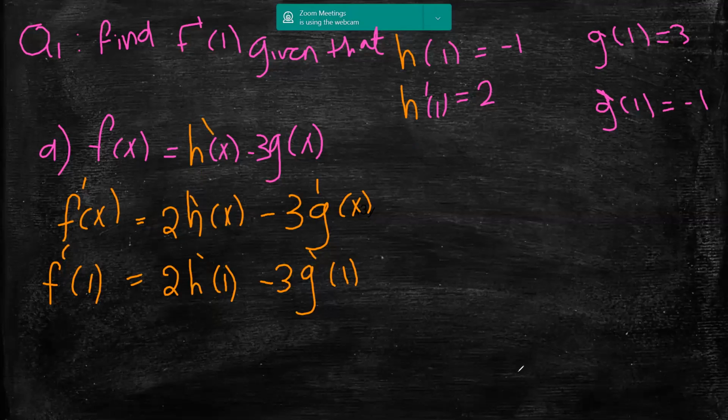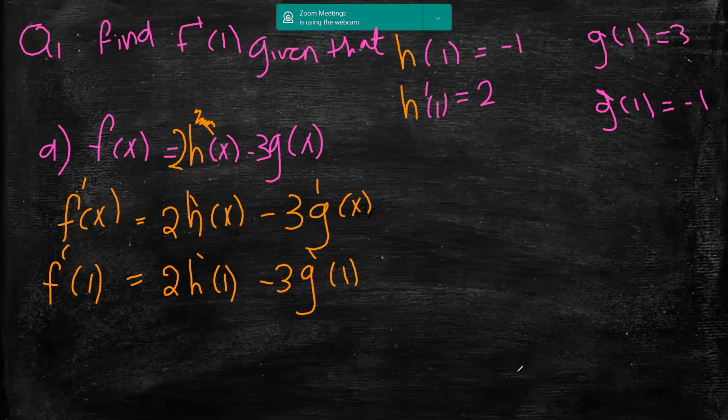Okay, so I need now here f of x is h of x minus 3g of x. So f prime of x will be 2 h prime of x minus 3 g prime of x.